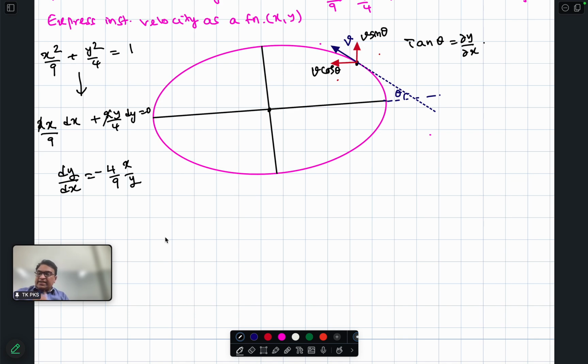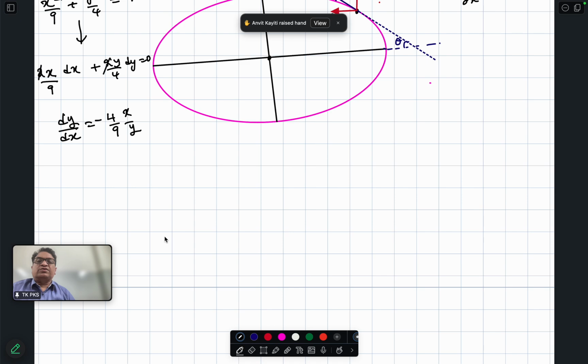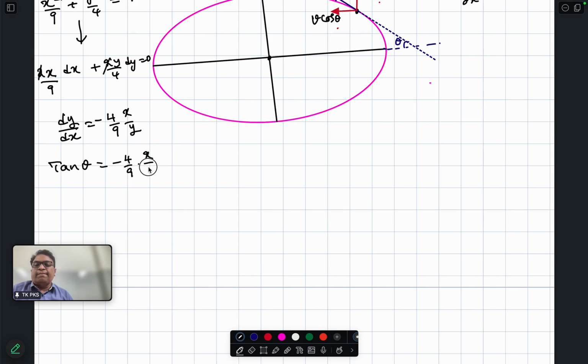Any doubts till this point? Manvit, Sai, Anvesh, any doubt till this point? No, sir. Right. Anvit, any doubt? No, sir. Right, thank you. Now this is tan theta. Tan theta is minus 4 by 9 x by y.